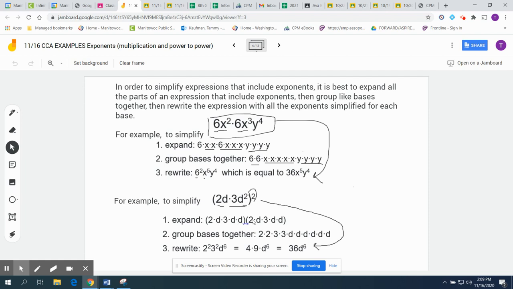So I'm going to group my numbers together, 2 times 2 times 3 times 3. And then I had 3 d's in this parentheses and 3 d's in that parentheses. So when I rewrite it, it's 2 squared, 3 squared, d to the sixth, all being multiplied. 2 squared is 4, 3 squared is 9, d to the sixth is d to the sixth. This becomes 36d to the sixth power.